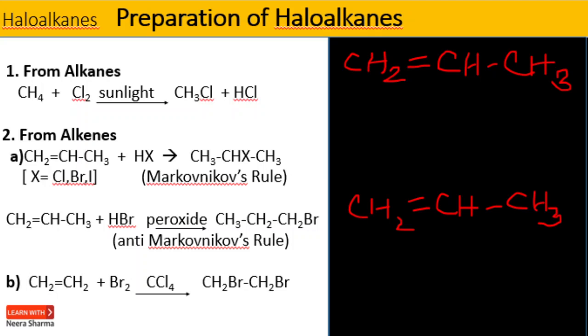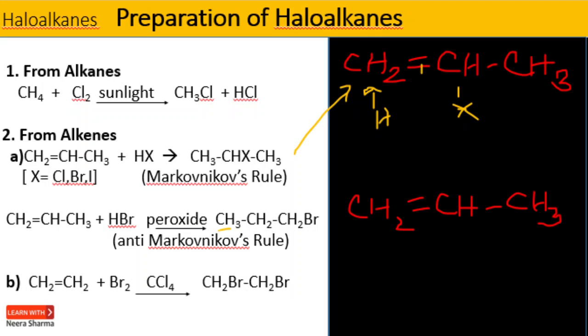If I am taking an asymmetrical alkene and I treat it with HX, the hydrogen will go to the carbon which has the greater number of hydrogens attached to it, and the X will go to the other carbon. So the double bond will break, hydrogen goes to the carbon having more hydrogens, so this becomes CH3.